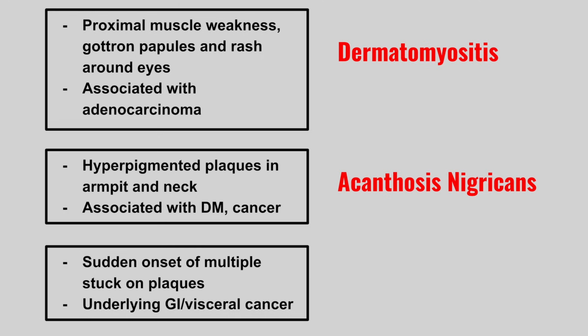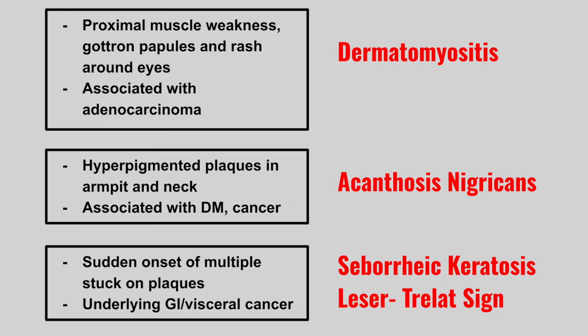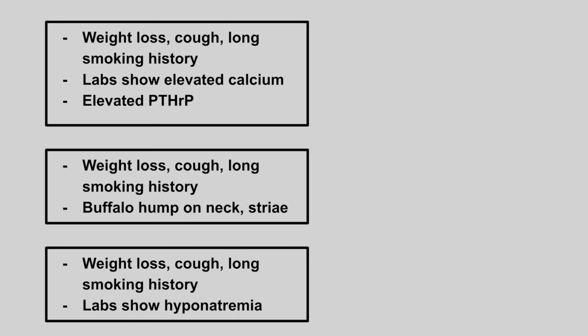Next, we have sudden onset of multiple stuck-on plaques on the skin and an underlying GI or visceral cancer. This is seborrheic keratosis, known as the Leser-Trélat sign. So commonly when you age, you can get one or two, a few of these seborrheic keratoses, but if you get a bunch all at once, then you have to look for an underlying cancer.